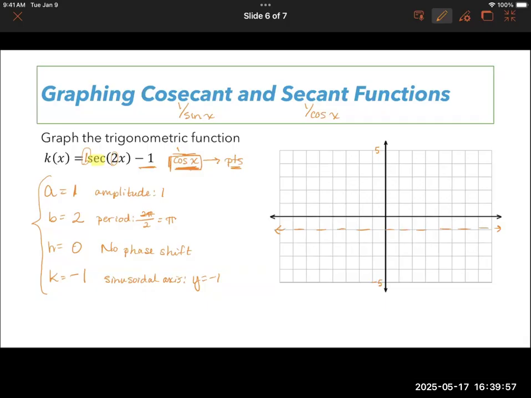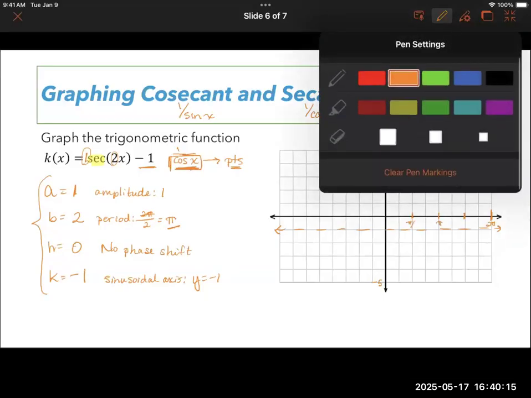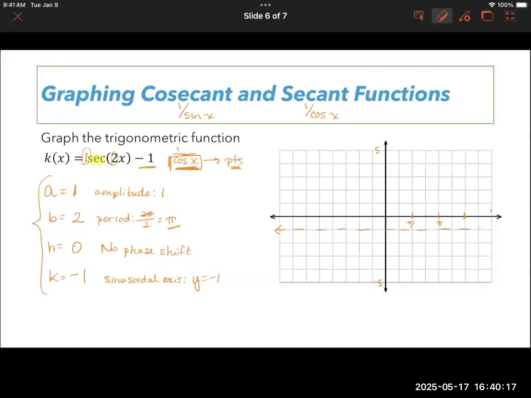With a period of pi and no phase shift, I'm going to go all the way out to the edge again to set up my tick marks. So this one will be pi. Oh, sorry, that shouldn't be 2. Let me try that again. Okay, so there's my sinusoidal axis.